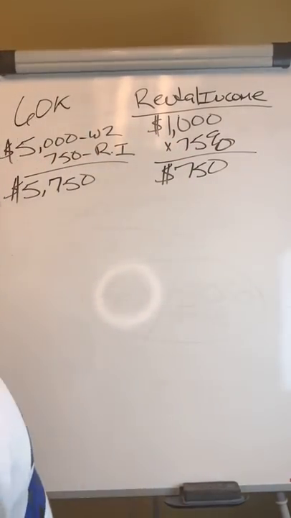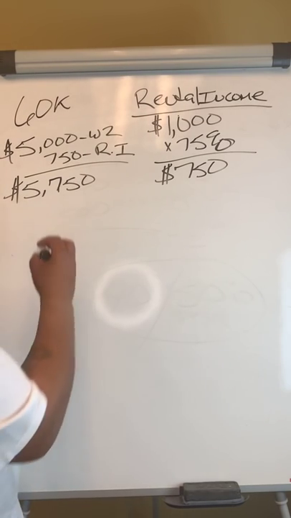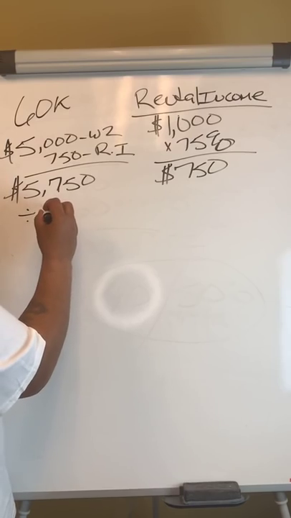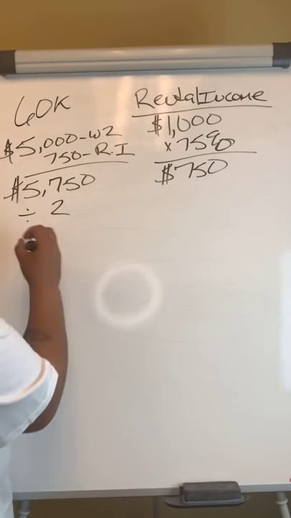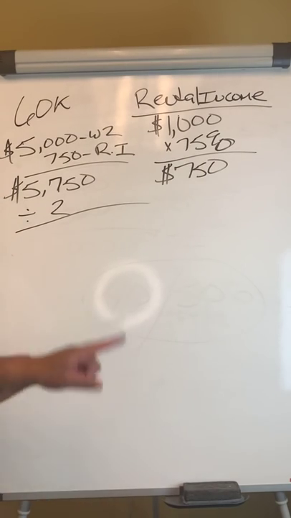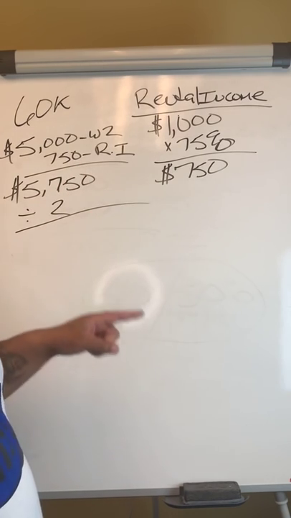All right. So look, let's do some debt right now. So $5,750. Divide that by 2. What's the max your mortgage payment plus your monthly debt can go up to?